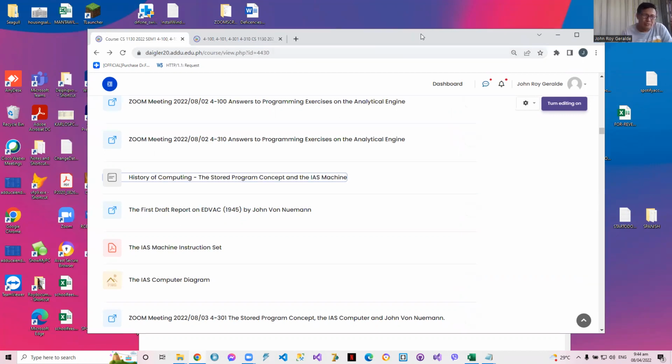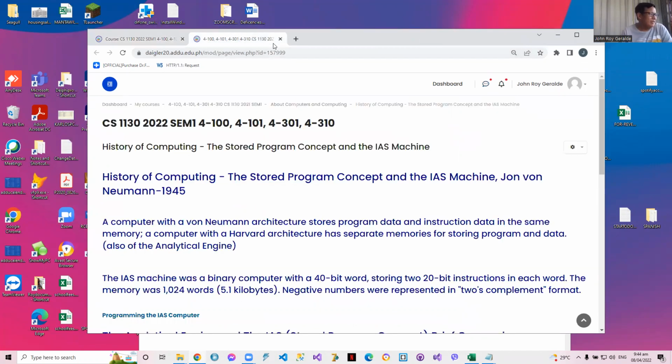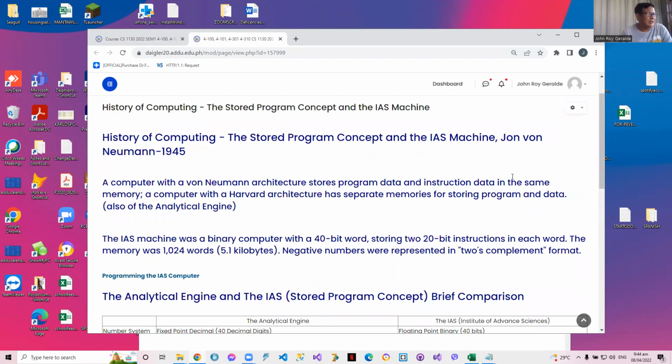And then there was Alan Turing. You follow? This time we are introduced to a new personality, a very popular figure in the history of computing, John von Neumann. I'm sorry, sometimes the John is spelled with an H. Most of the time. Okay, because from a different nationality.